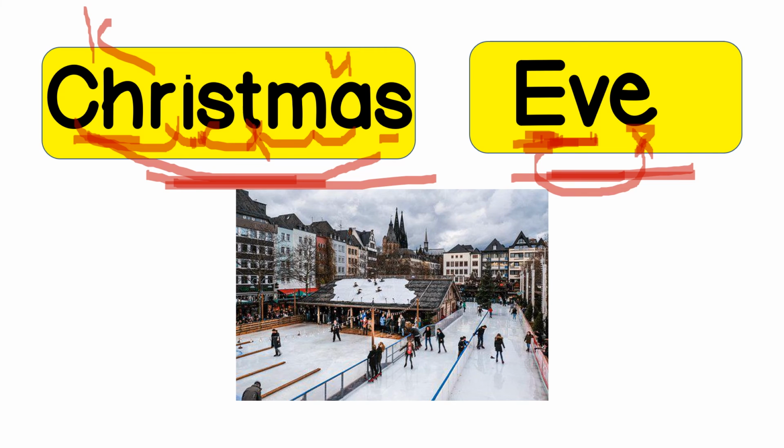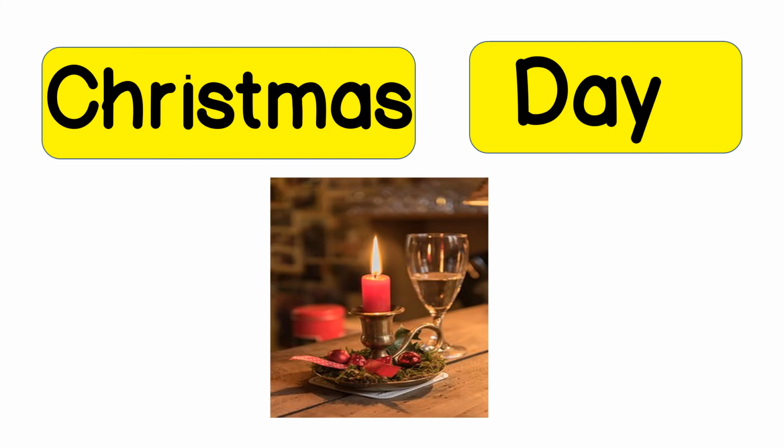All right, let's now go ahead and call our final word. Can we see the word Christmas? Yes, you can. All right, so we see Chris, T is silent. We hear s.